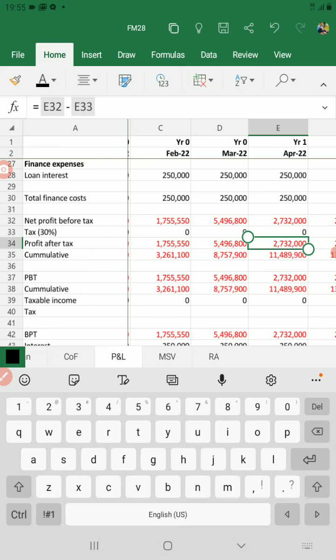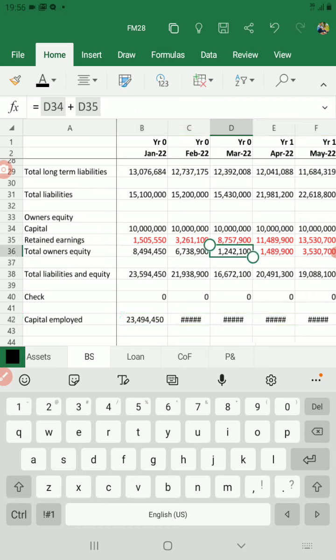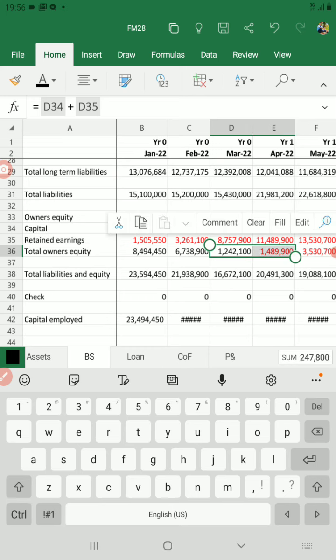And then average equity, if we go now to the monthly balance sheet here, and our owner's equity, which was the average between these two figures. Because this one is, you see, a negative figure, the total average ends up being negative.